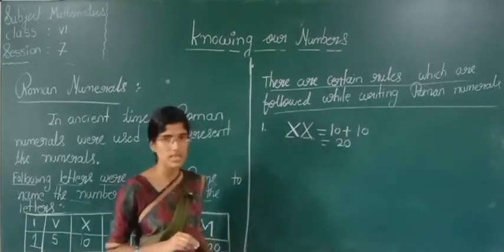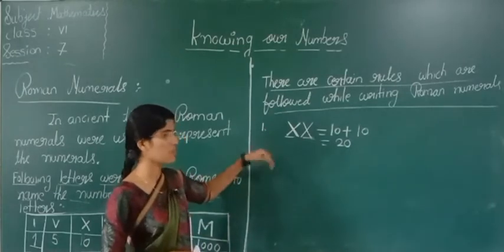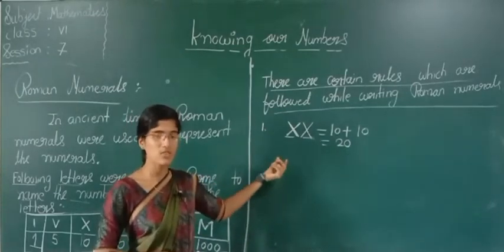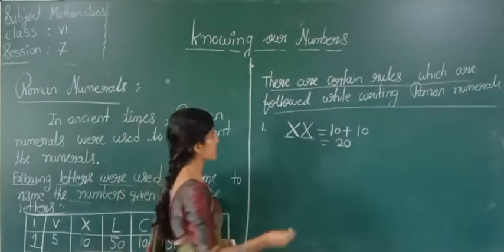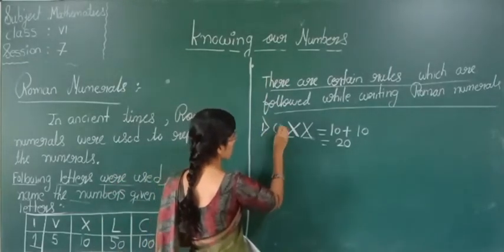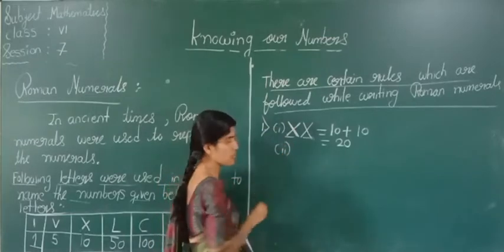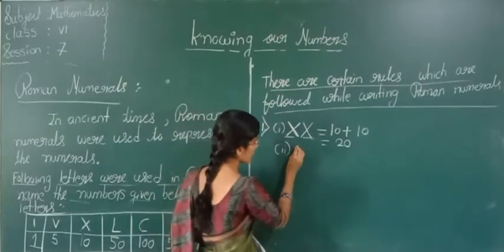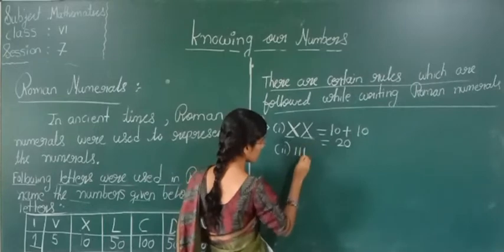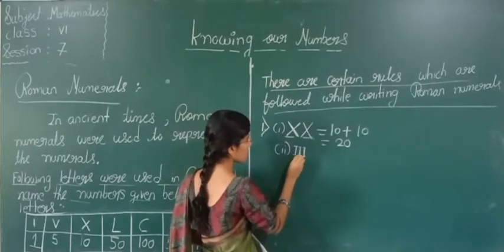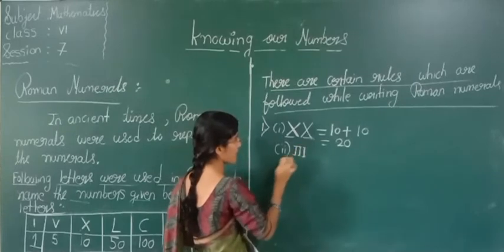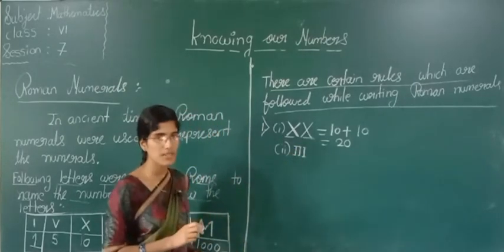The first rule tells us that if a symbol is repeated, then its value is added as many times as it occurs. We will take one more example for rule number 1. Here III is repeated, right?